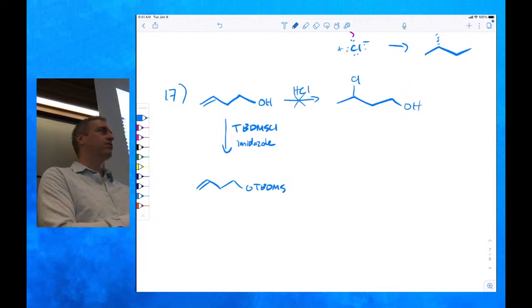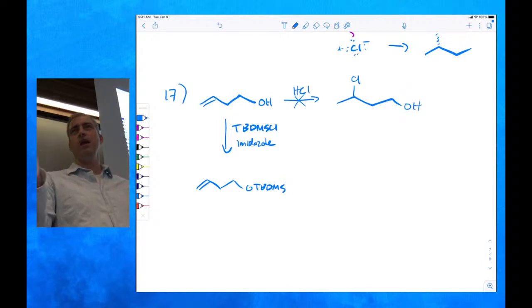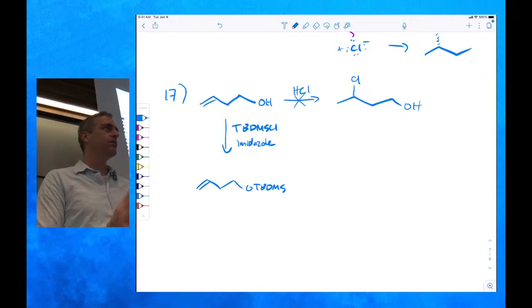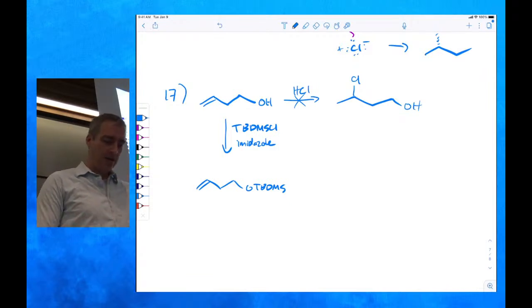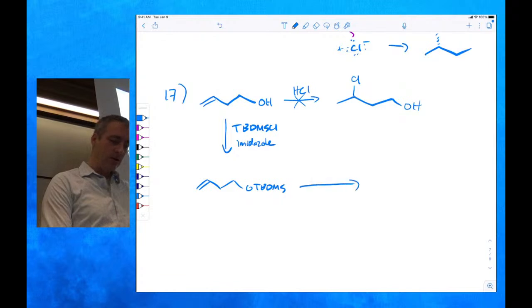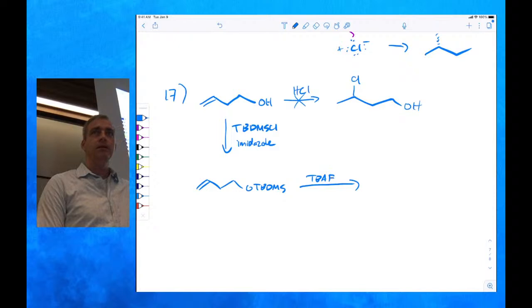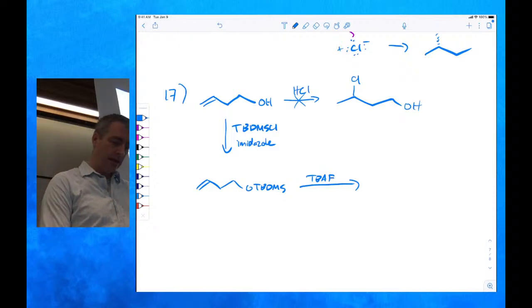You can do your chemistry on the other group. You can do any of the addition reactions that we've seen in Unit 8. And then we could deprotect it later using a fluoride source, which was normally TBAF, tetrabutylammonium fluoride. THF was the solvent that we often use there. That just takes it back off again.